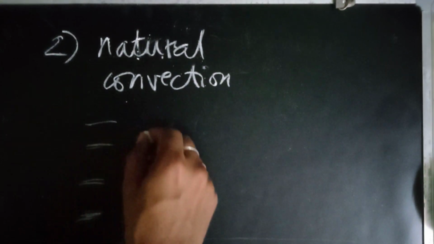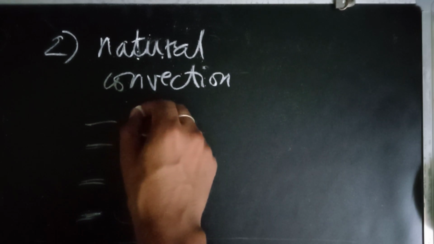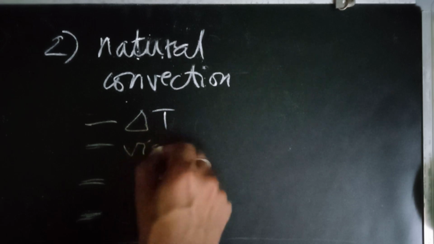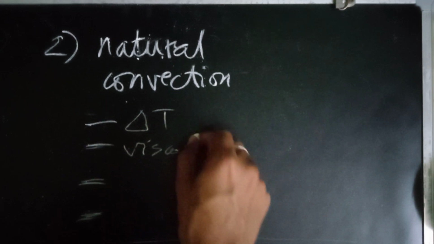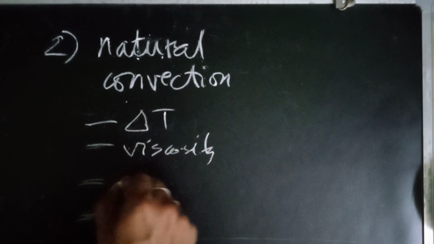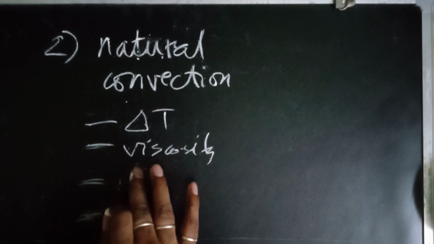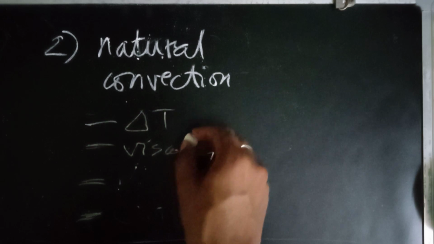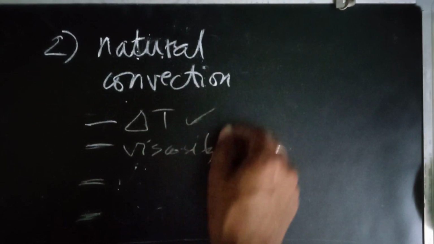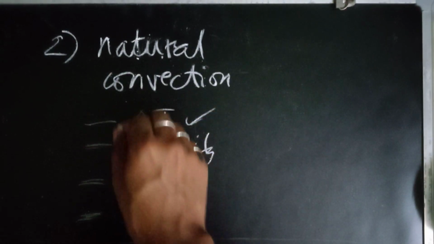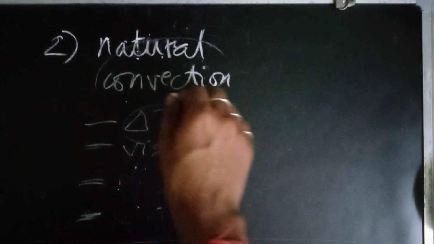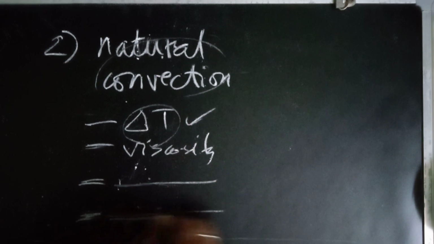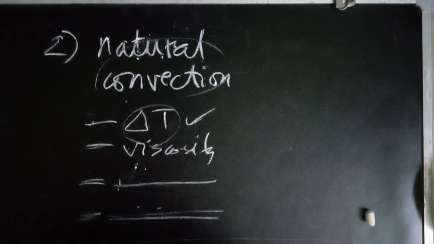One of the options was delta T, one was viscosity, I guess, and one was density. I feel delta T, the temperature gradient, is the answer, since an increase in temperature gradient will increase natural convection. Feel free to write the other options in the comments if you remember.